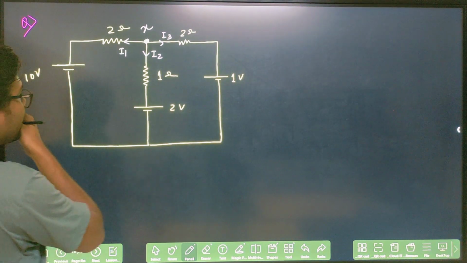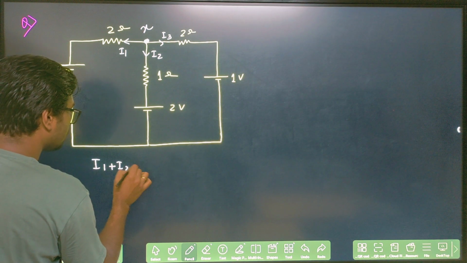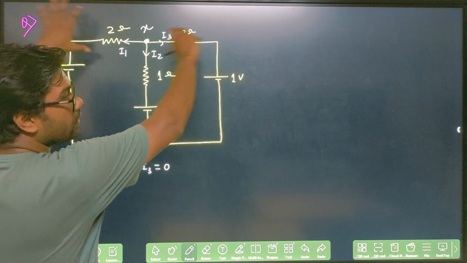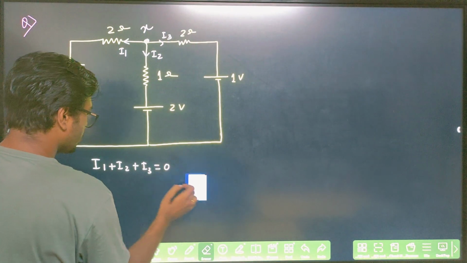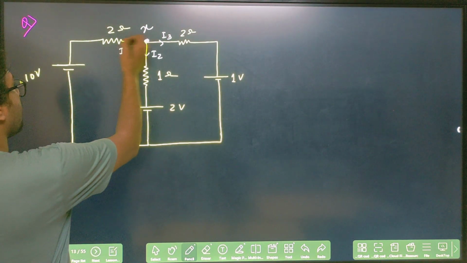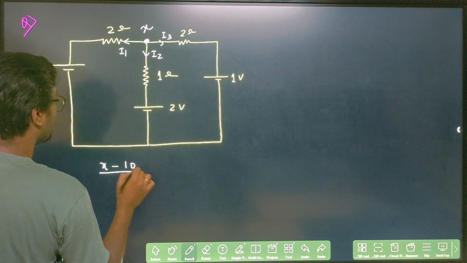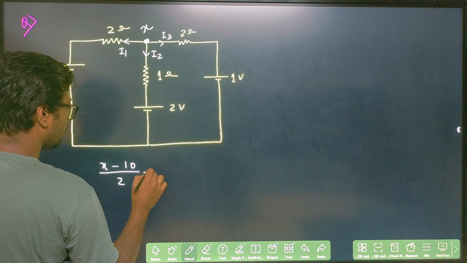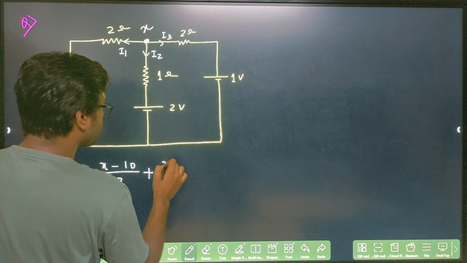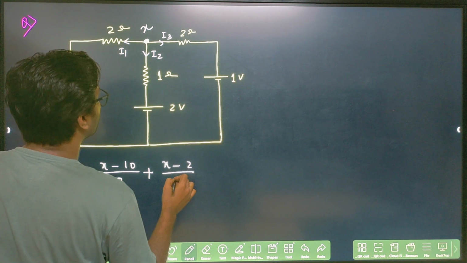Now tell me, if I apply the KCL, I will say that I1 plus I2 plus I3 is equal to 0. Net outward current through the junction will be 0. Or I can write: I1 is (X minus 10) divided by 2 ohm, plus I2, which is (X minus 2) divided by 1 ohm.